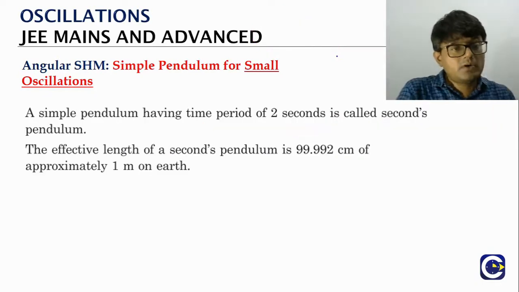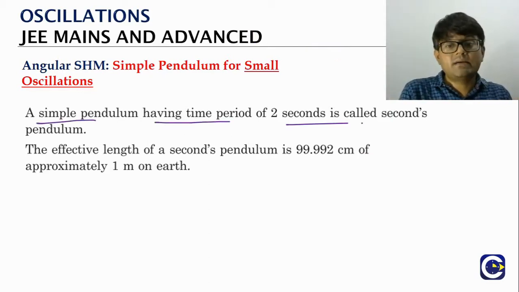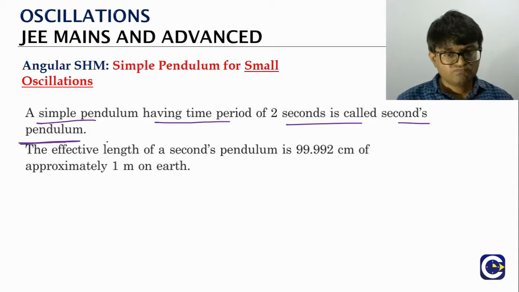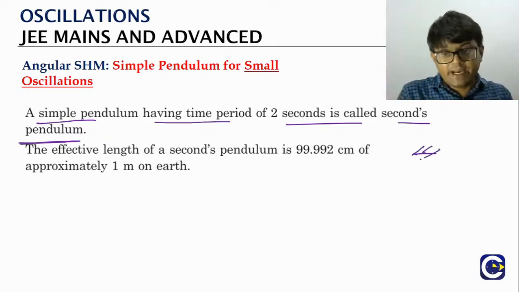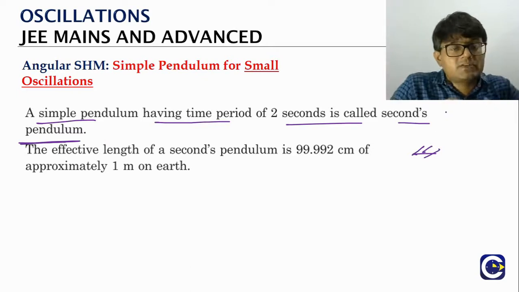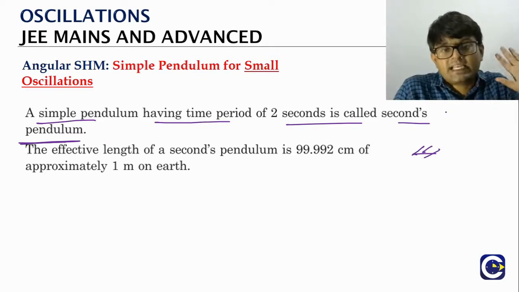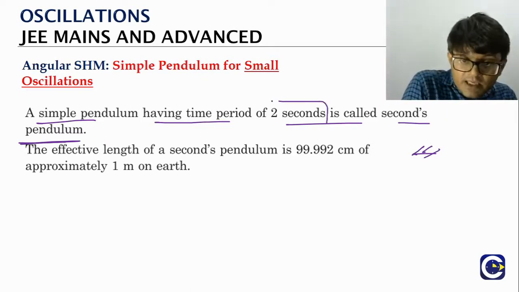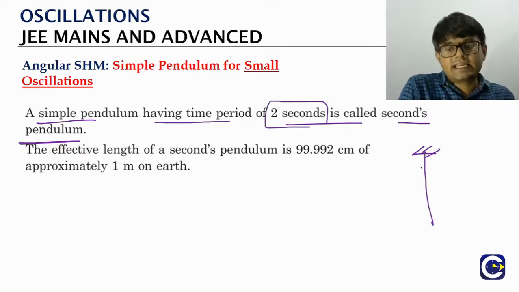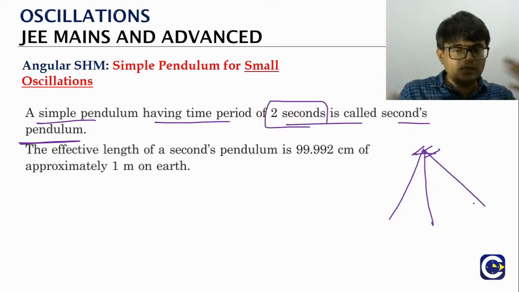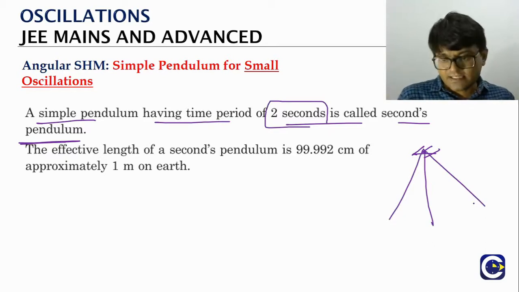Now when you talk about the simple pendulum, we have a very interesting example called a seconds pendulum. Contrary to what immediately comes to mind, some of us will think the time period is 1 second. No, the time period is going to be 2 seconds. Why? The word seconds pendulum has come in a more colloquial sense.